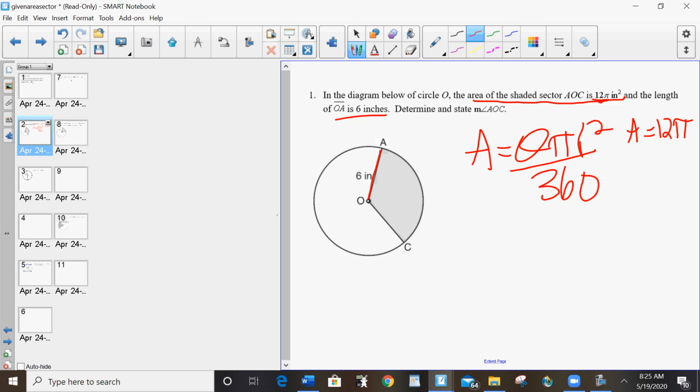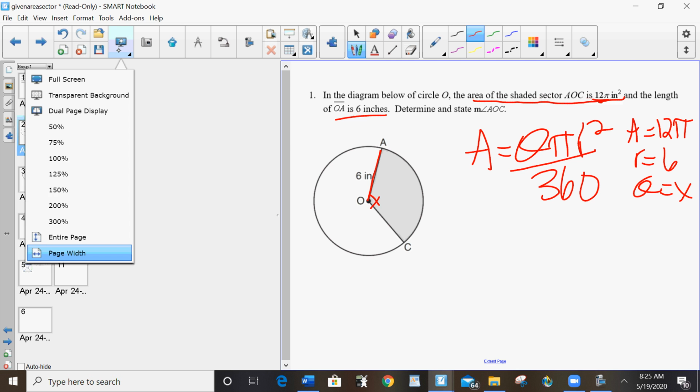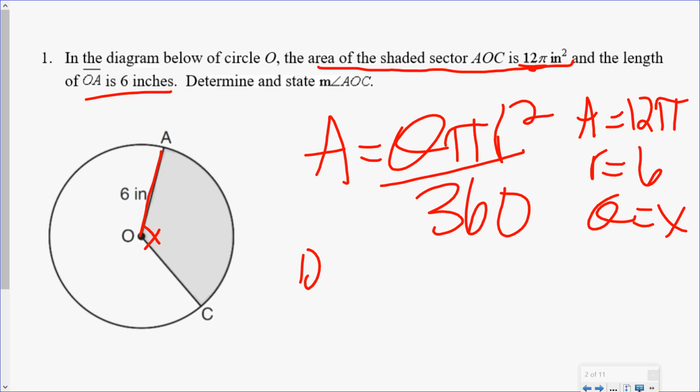Well, OA is a radius, so the radius is 6. And it's asking for the central angle. So I'm going to substitute my values in. My A is 12 pi. Theta is x. Pi 6 squared over 360.